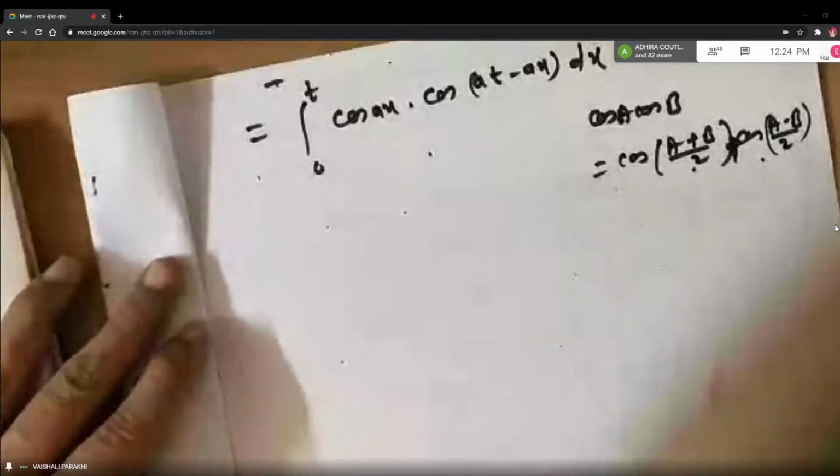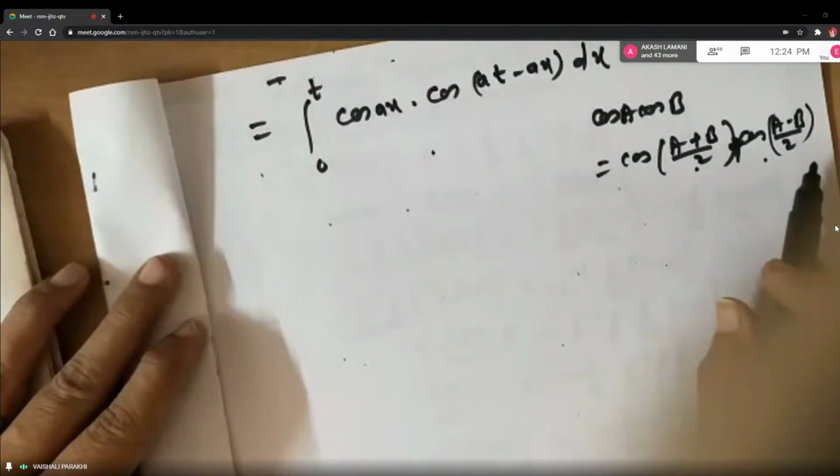Who is sure about the formula? You have a set of formulas, right? Can anybody check whether this formula is correct? Or you can Google it first. Yes, ma'am, it's correct. Okay. Cos of A plus B by 2 into cos of A minus B by 2.